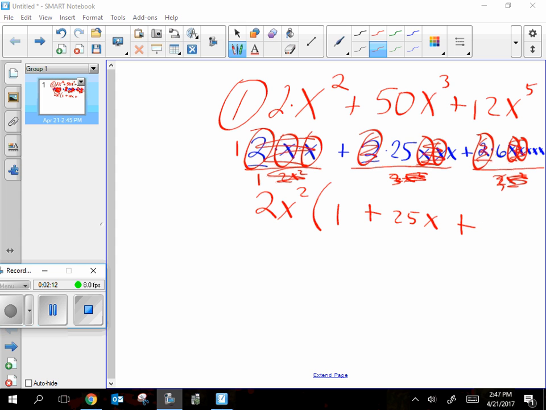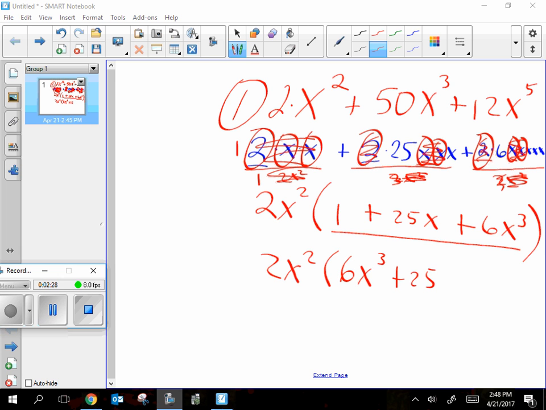What do I have left? 6x to the third. So there, I have factored this. Now, it is true that we really ought to write the ones on the inside here in order from the biggest degree to the smallest. So there you go.